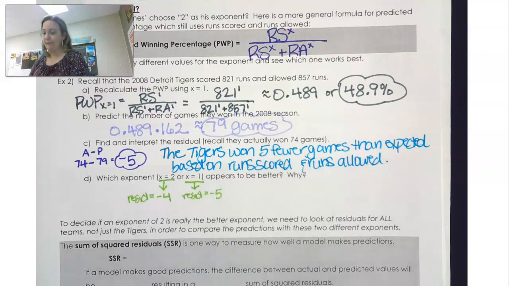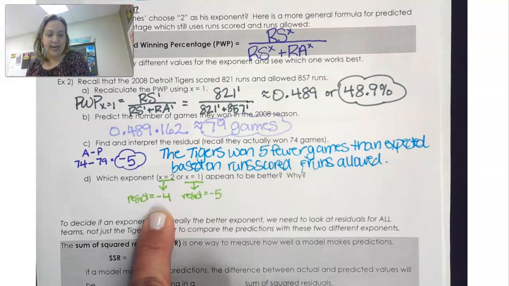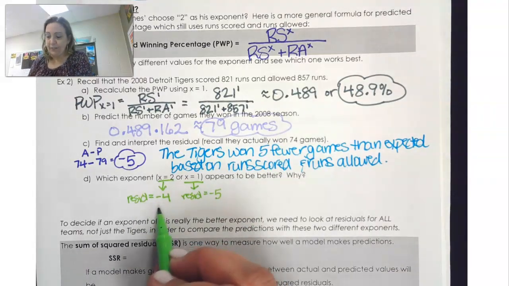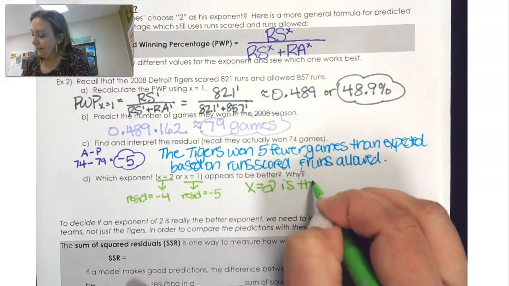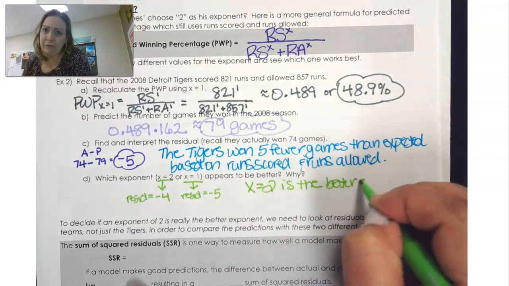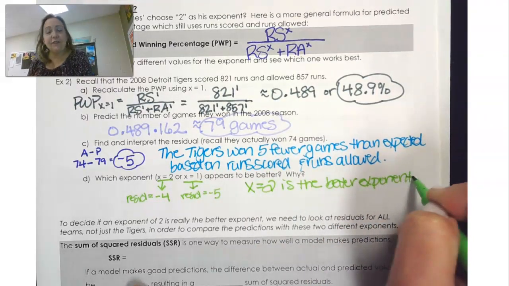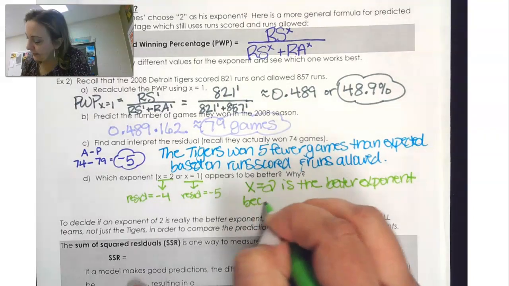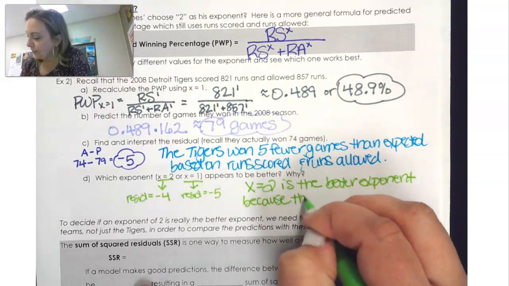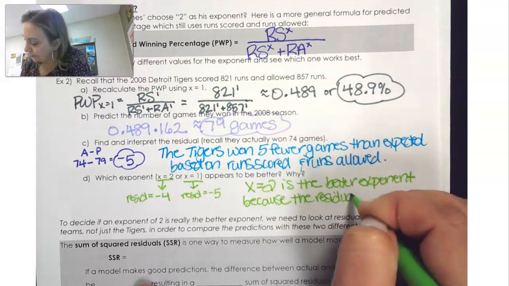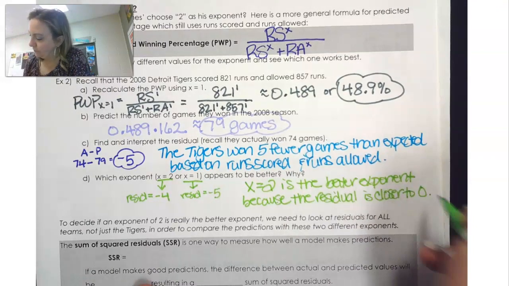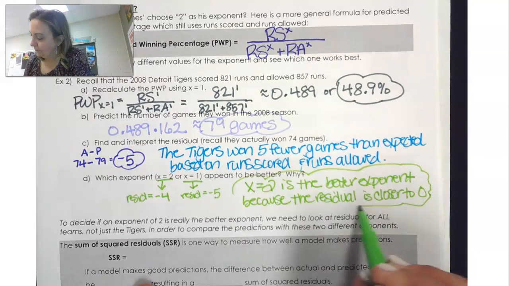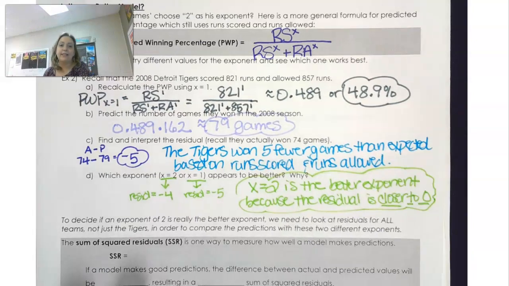Which is closer to being perfect? This one. So we can say that x equals 2 is the better exponent of these two, at least, because the residual is closer to 0.